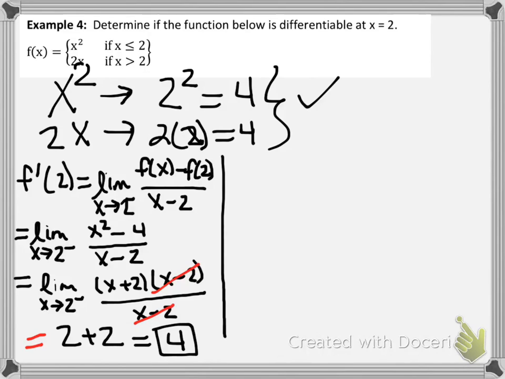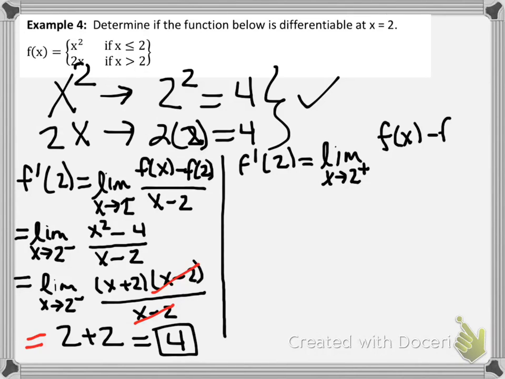Okay. Now let's check the right-hand side limit. So f prime of 2, which we're looking at the limit as x approaches 2, in this case from the right-hand side, f of x minus f of 2 over x minus 2. Alright, so what does this equal? Let's take a look.